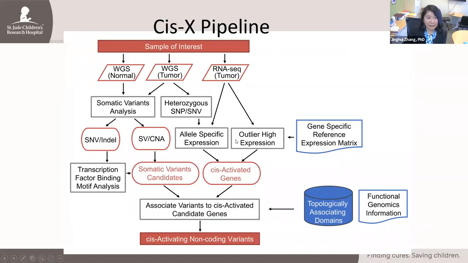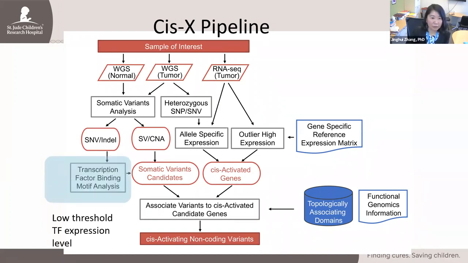We're utilizing a pattern called allele-specific expression and outlier high expression, so that we can look into cis-activated variants as a signal for non-coding driver variants. So you don't need to assemble a huge cohort for these types of non-coding regulatory variants, and you can utilize an individual cancer genome to find these driver variants.